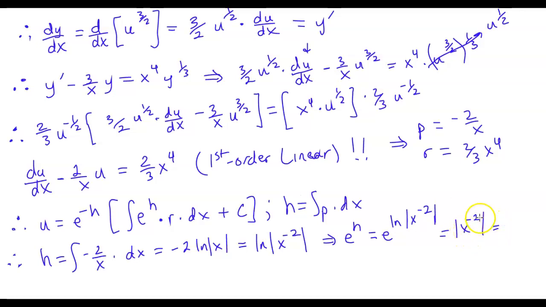And since x raised to the negative 2 will always be a non-negative number, we can just drop the absolute value signs. Okay, this also means that e raised to the negative h here is just going to be x squared.